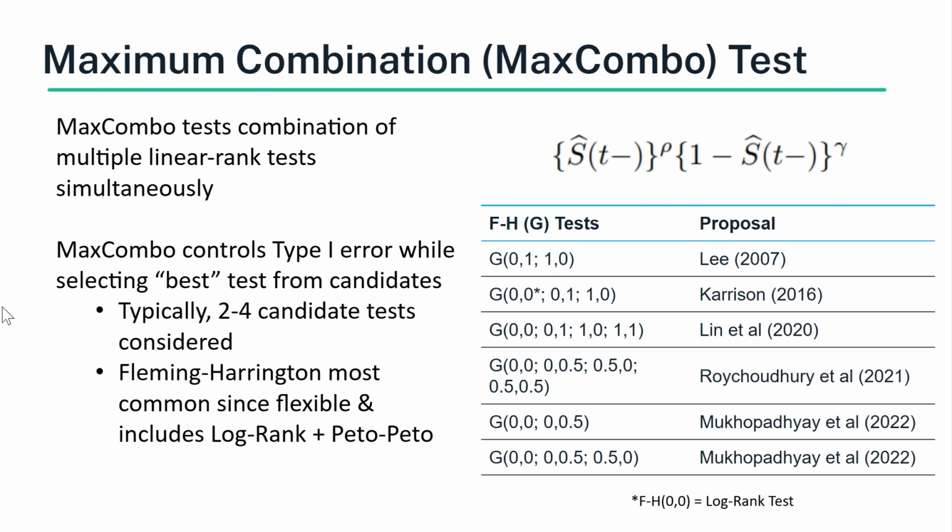This was added as an option into nQuery's max combo and linear rank tables in our most recent update, the 9.4 summer update. There are also issues around interpretability and how you report your piecewise hazard ratio using this method. One suggestion is to use max combo for your analysis, but then when it comes to reporting, use something like the restricted mean survival time.